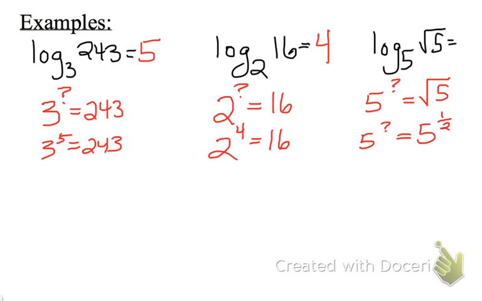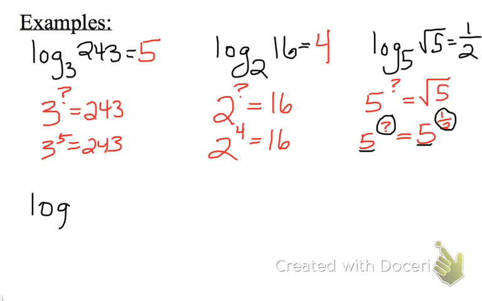Well, in this way, the missing exponent is actually right here because the bases are the same. 5 and 5 are the same. So the missing exponent is 1/2. 5 to the 1/2 power is the square root of 5. So log base 5 of the square root of 5 equals 1/2.